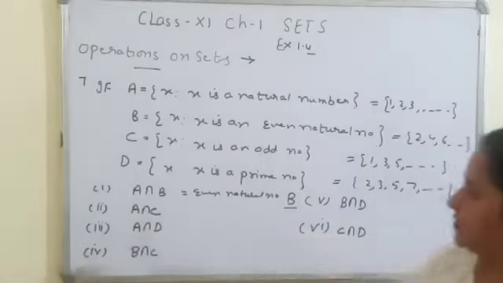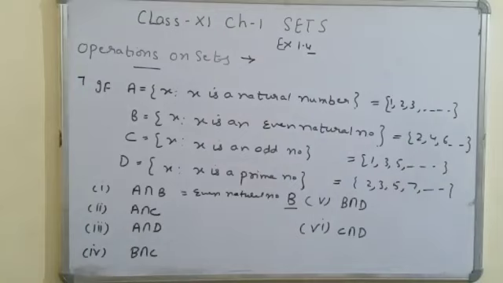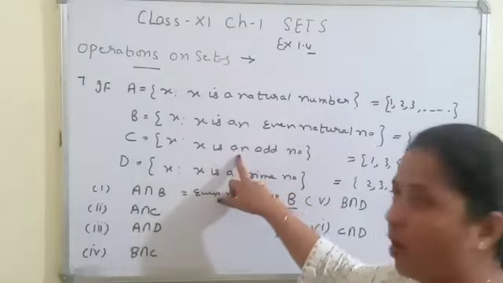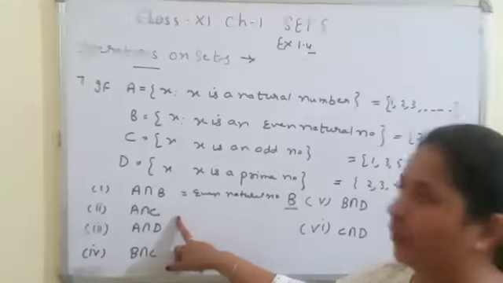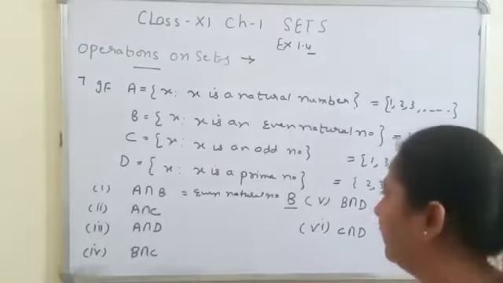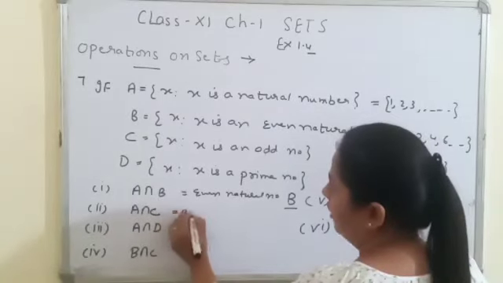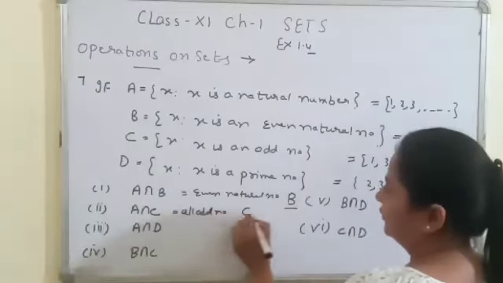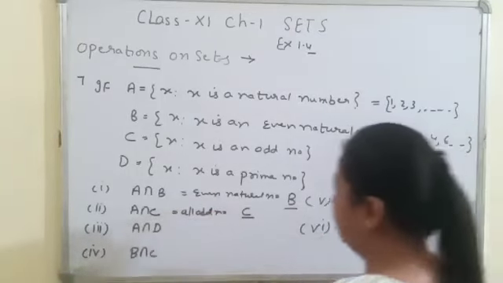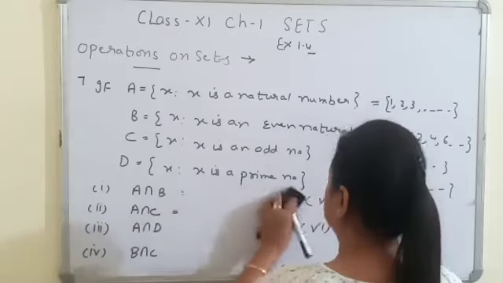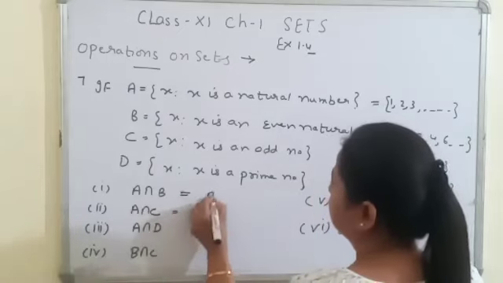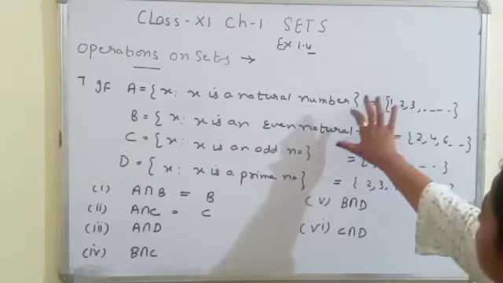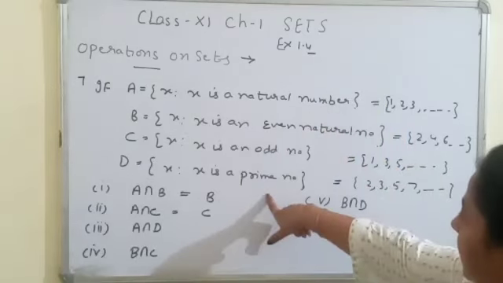Next is A intersection C. We have to find all the common elements of A and C. A is the natural numbers and C is the odd numbers. So obviously the intersection is the collection of all odd numbers, and this is set C. Third one is A intersection D. A is the natural numbers and D is the prime numbers.